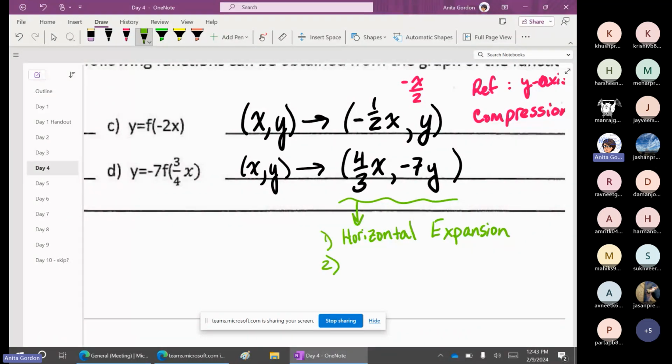What else are we doing? Reflection where? Over the x-axis. So it's upside down. And what else am I doing? What is this 7 telling you?